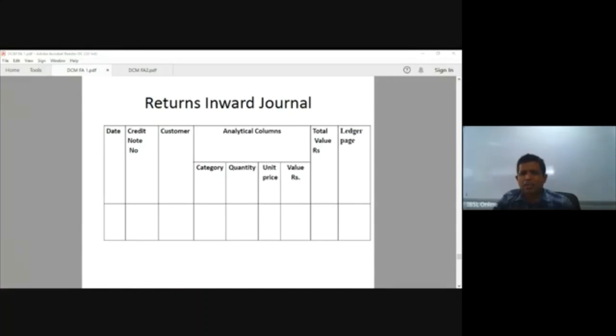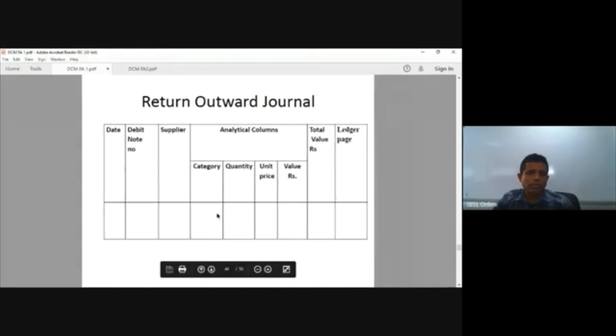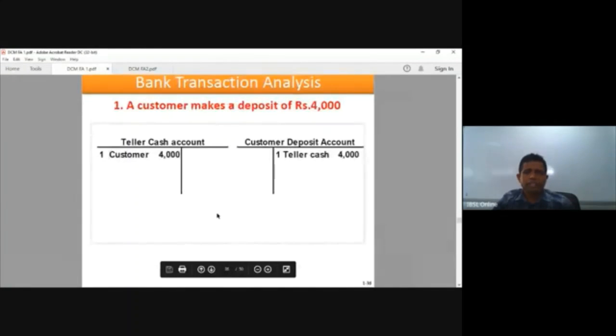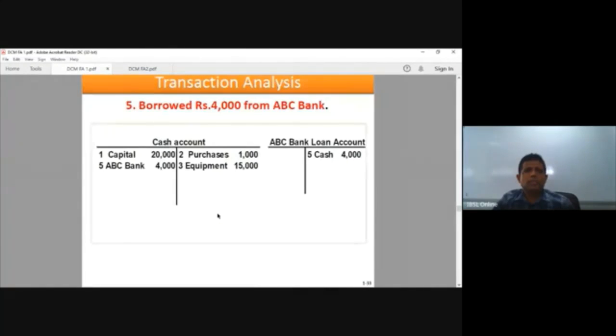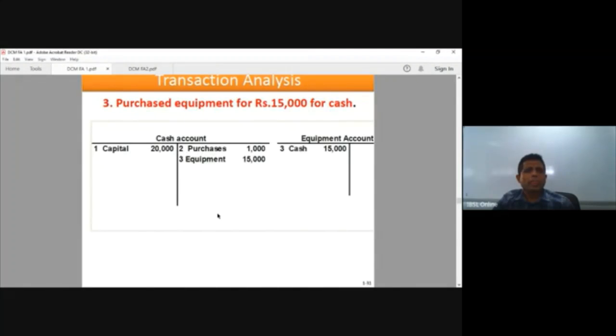Why do we create a limited account? Why should we not credit the creditors account? Now, you are referring to this transaction, I suppose. Yes, this one.